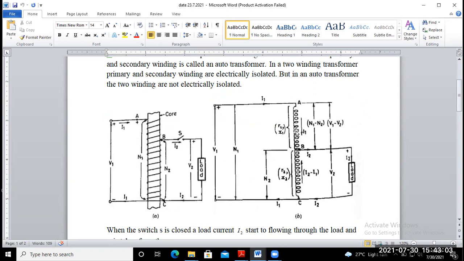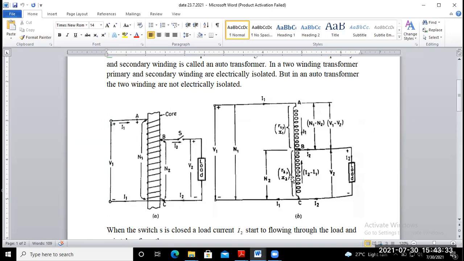Now we just write the relation of the transformed volt ampere and the conducted volt ampere of the transformer, because some part of the power is transferred to the secondary side by the transformer action and some part of the power is transferred by the direct conduction method. Let us see which component is transferred by the transformer action and which is the conduction portion.